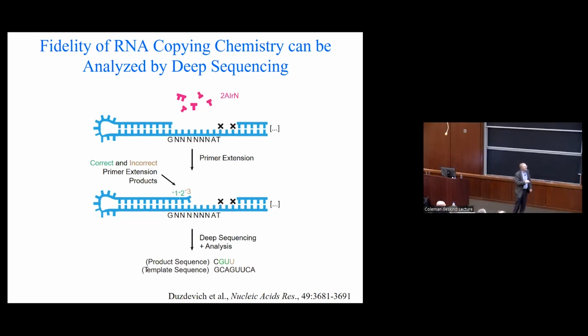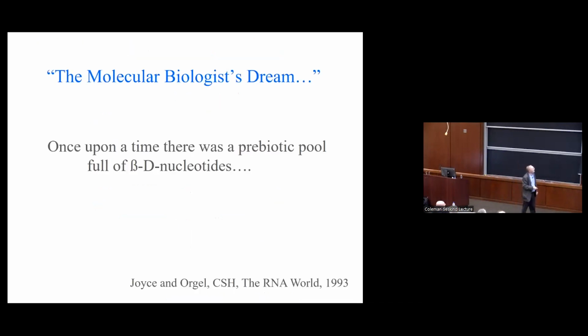Okay, so with that as background into copying chemistry, a very important point that was recognized again by Leslie Orgel and also Jerry Joyce a long time ago is that all these kinds of experiments I just showed you are completely ridiculous from a prebiotic chemical perspective, right?